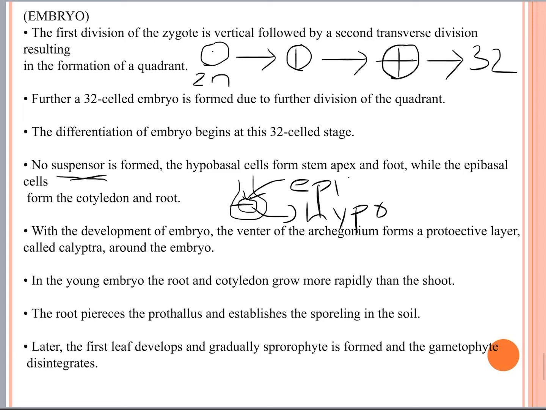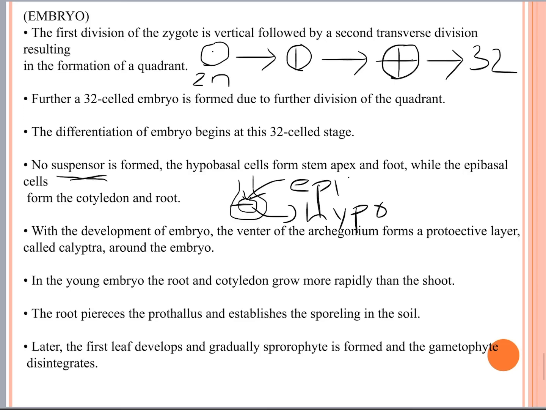The lower portion forms the stem, apex and the foot, while the upper epibasal cells form the cotyledon and the root. With the development of the embryo, the venter of the archegonium forms a protective layer called calyptra around the embryo.